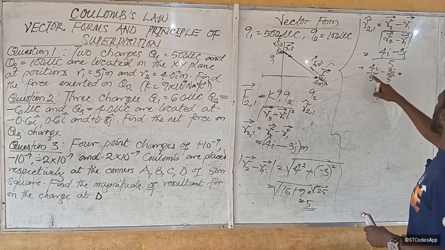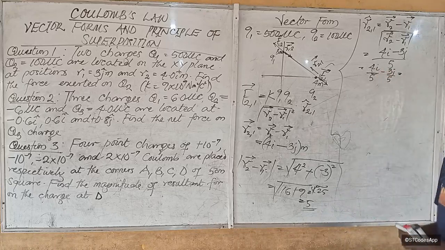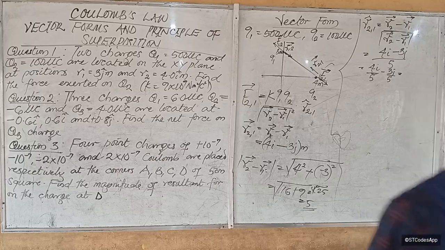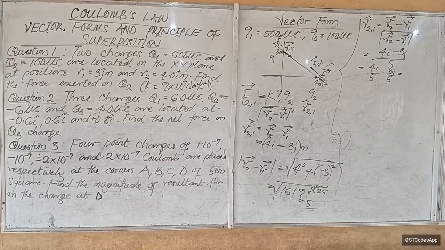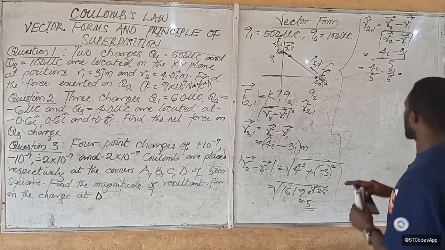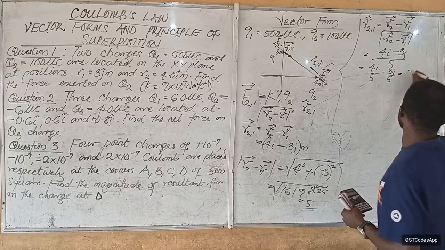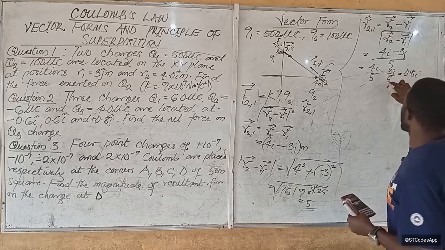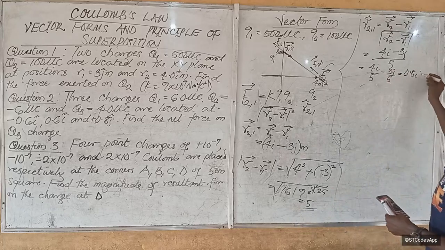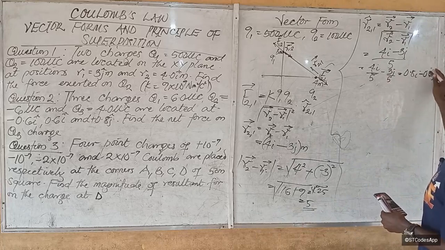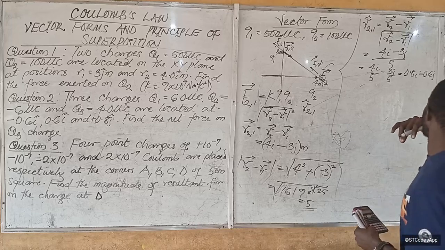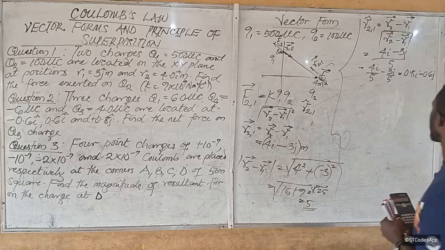This becomes 4 over 5, that will be 0.8i, and 3 over 5, that's 0.6, minus 0.6j. Okay? What else? That's all.